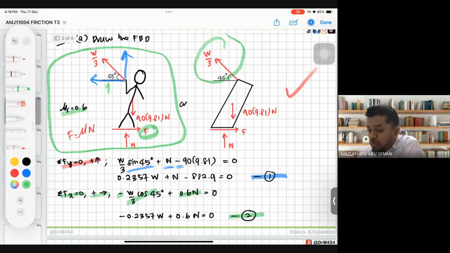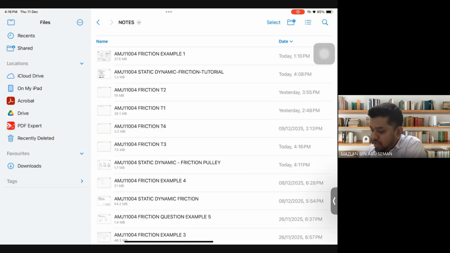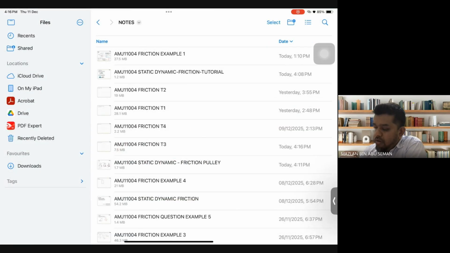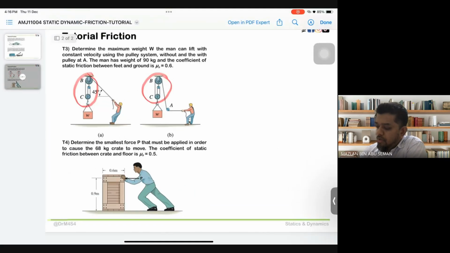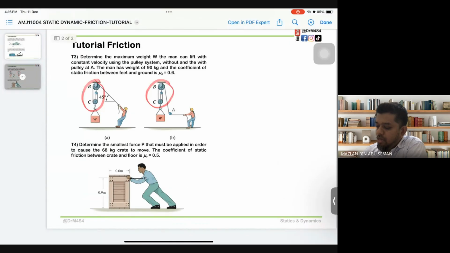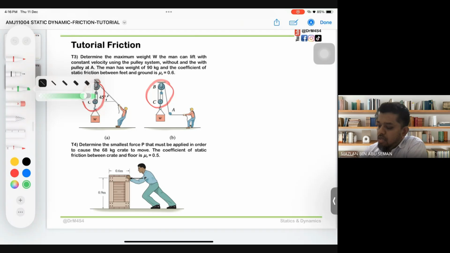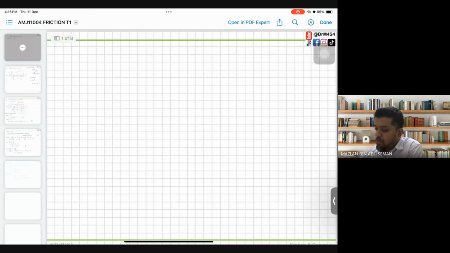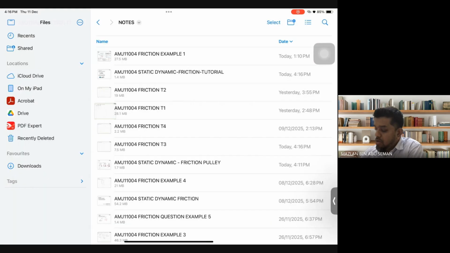So next, you have to draw for the second question. So this one, for the second case, B. Draw this FBD. Oh, sorry.